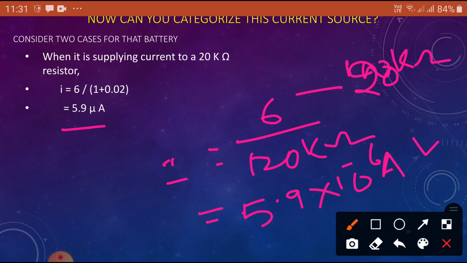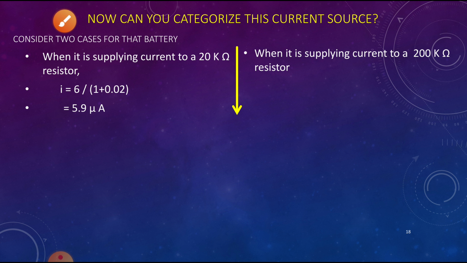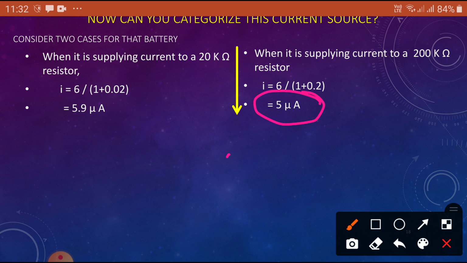Now the load is increased in the second case to 200 kilo ohms. Then what will happen? If the 20 kilo ohms further increases to 200 kilo ohms, automatically that value also increases. Now the supplying current is about 5 into 10 to the power of minus 6 amperes.